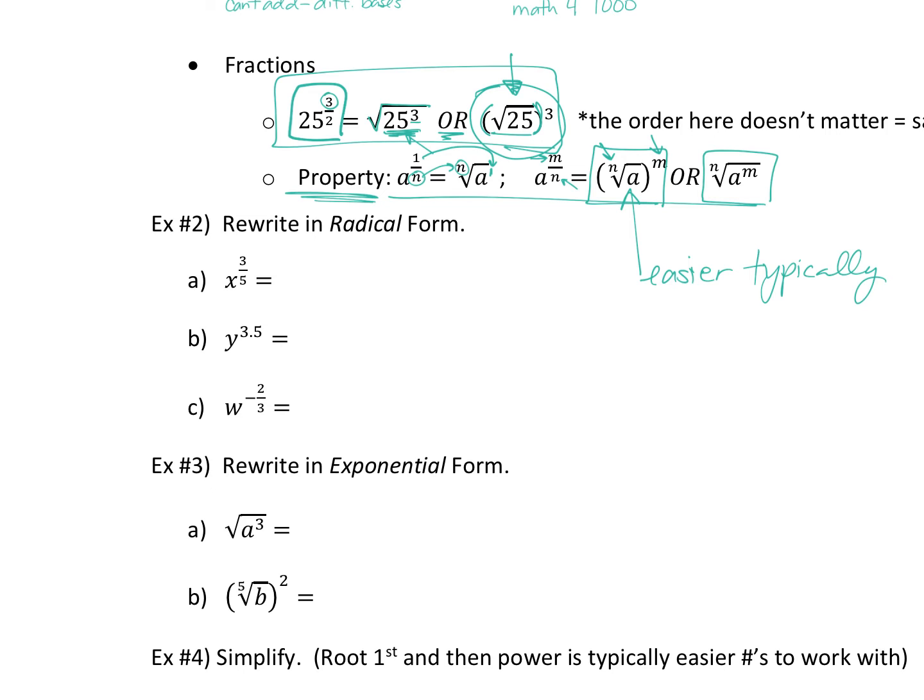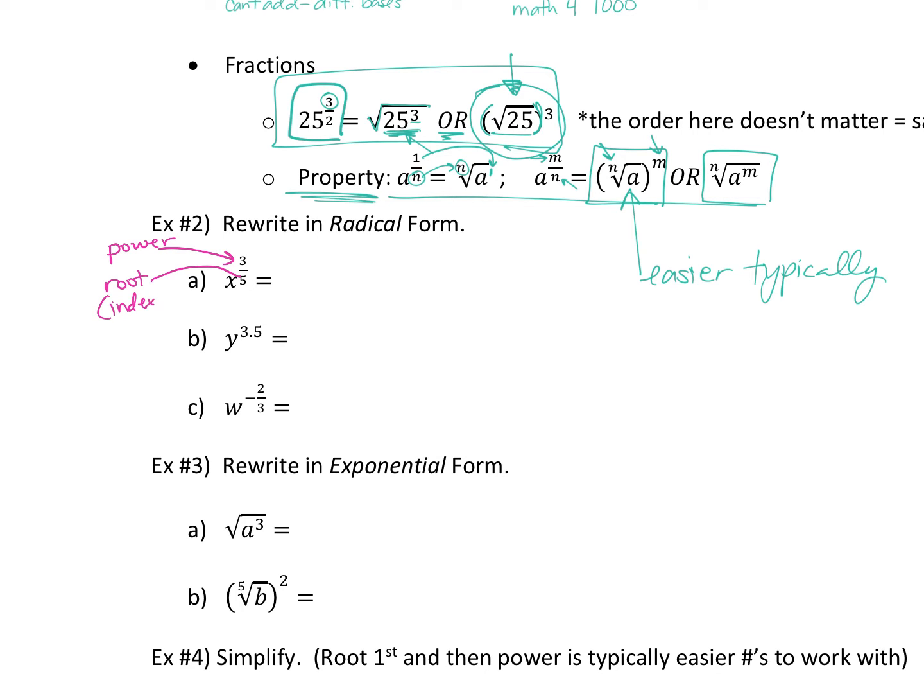Okay, example 2. Now we're going to rewrite in radical form. So they're going to give us the fraction, and we're just going to rewrite it as a radical, okay? Just remember, this is a power. Power goes on top. This is a root, or an index, if you will.